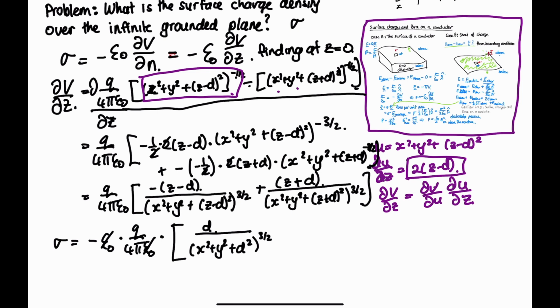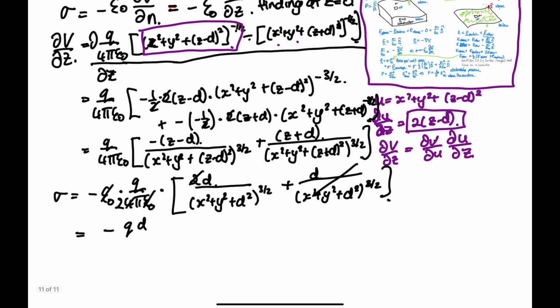Plus, substituting in z equals 0, plus d over (x squared plus y squared plus d squared) to the 3 on 2. There are 2 of these, so I can cross out one of them and put a factor of 2 there, and then this 2 will cancel with one of those 4s, so that'll become 2. So we can write this as minus qd on top, and on the bottom we've got left 2 pi times (x squared plus y squared plus d squared) to the 3 on 2.